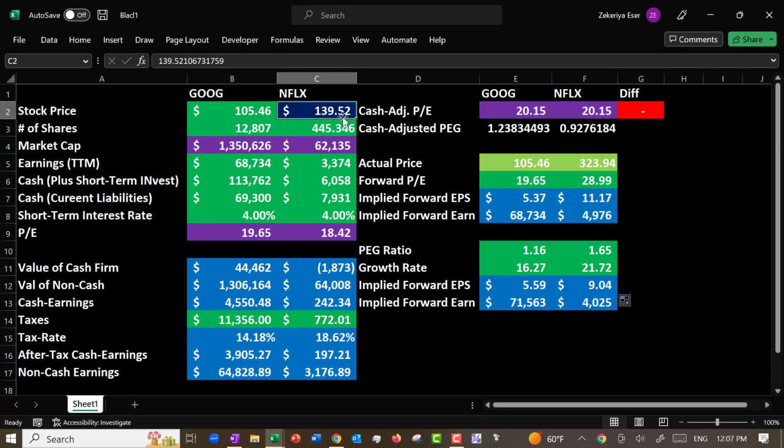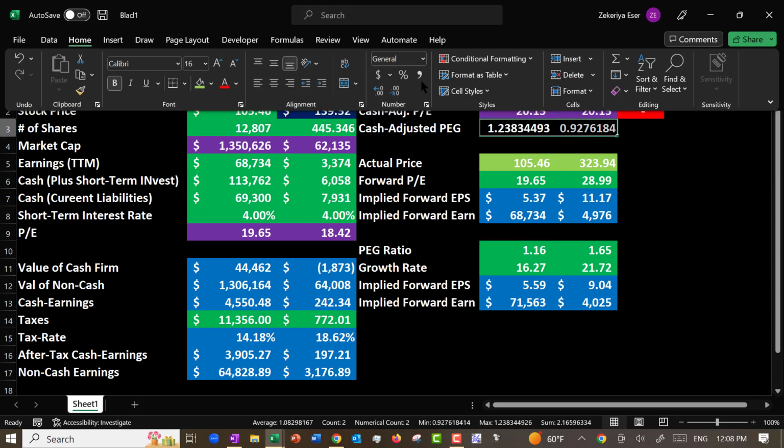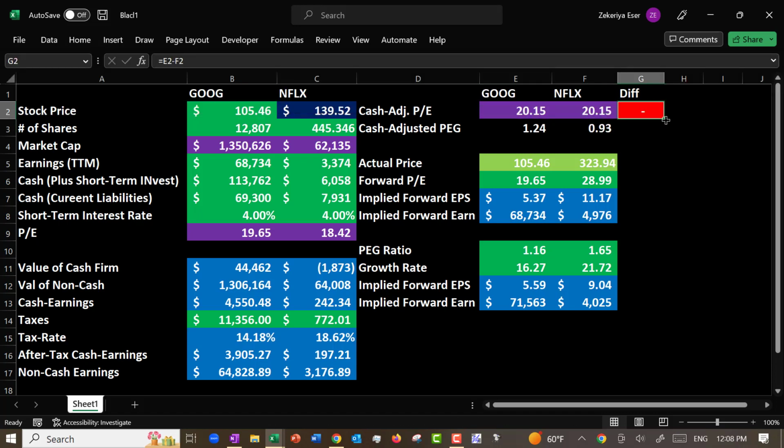Because in the goal seek stuff, I let the Netflix price vary, but the reason I'm using actual price, given the PEG ratio and the growth rate, I want to get the implied EPS. Now, I want the Netflix price that's going to give me the same cash adjusted PEG ratio.